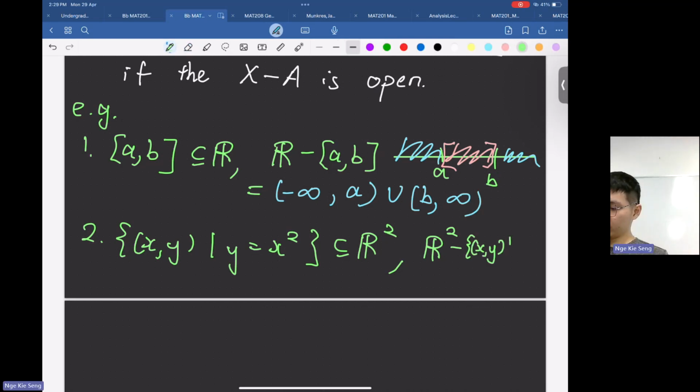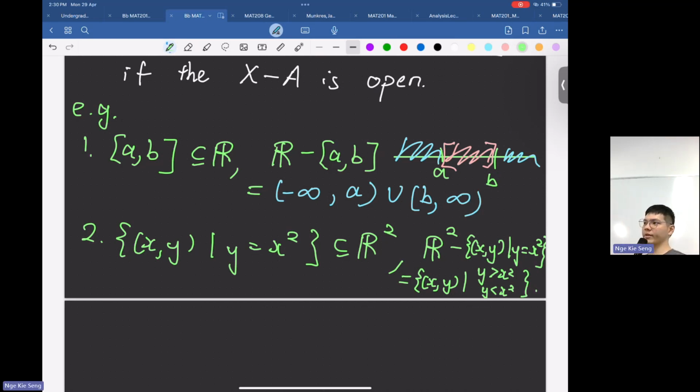The complement is where y is not equal to x squared, so you can take the union of the points where y is greater than x squared or y is less than x squared, and then show that this is open.